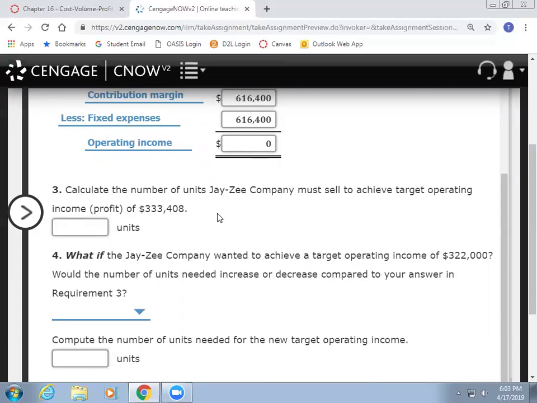Okay? So to calculate target sales in units, you're going to take fixed expenses plus the target income, so the 616,400 plus 333,408, and then divide by your contribution margin.